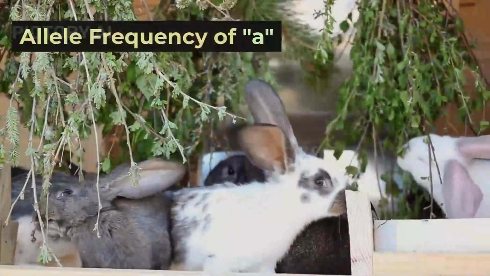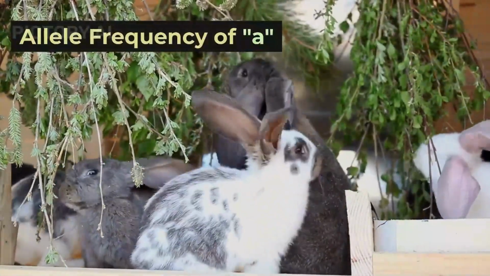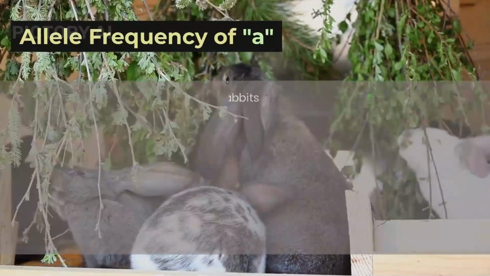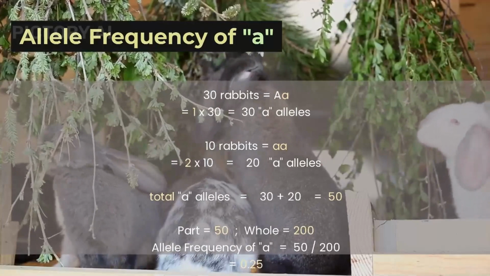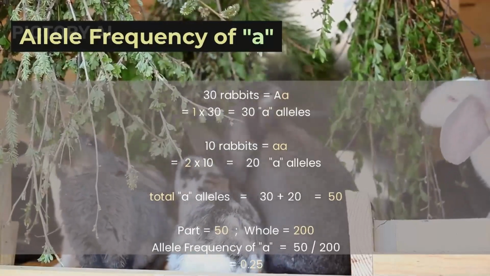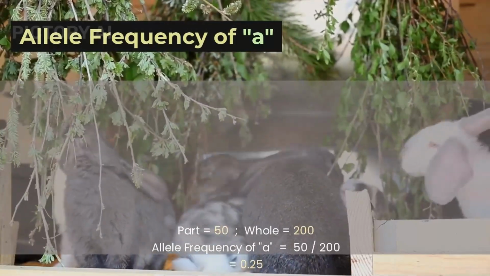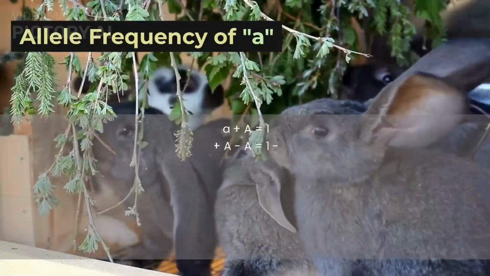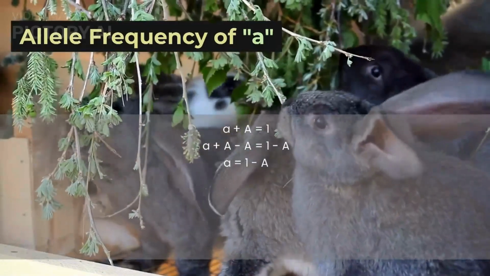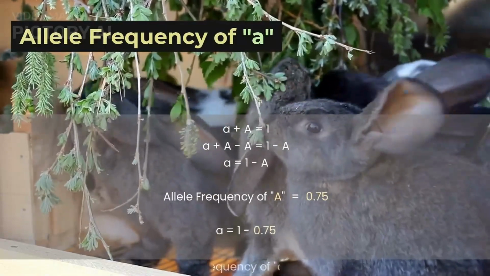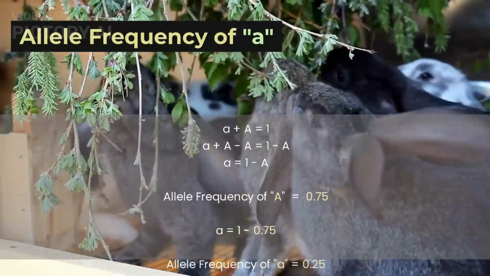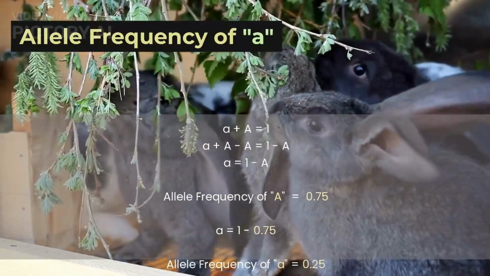Now it's time for little a. There are 2 ways we could calculate this. The first way is to take the presented information from the prompt and calculate the frequency that way, like you can see on the screen here. The second, shorter way would be to take your frequency for big A and subtract it from 1 to get the frequency of little a, like so.